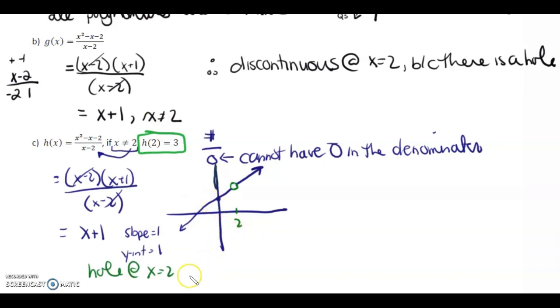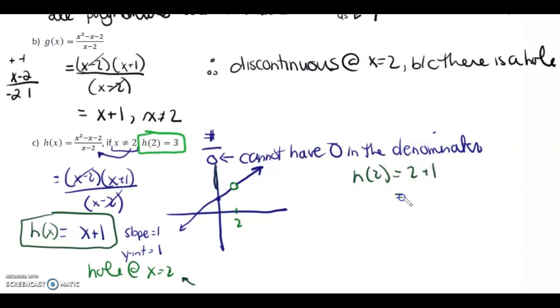So what I want to do is find out where this hole actually is. So what we do is we take this 2 and we sub it into our h at x, which is our line. So I'm going to bring it over here. h at 2 equals 2 plus 1, which is 3. So this hole occurs at 3.